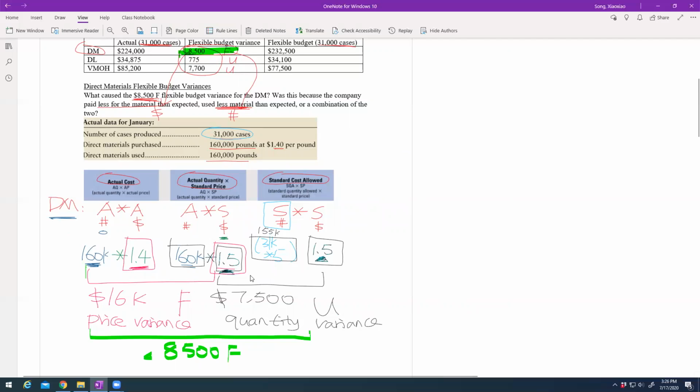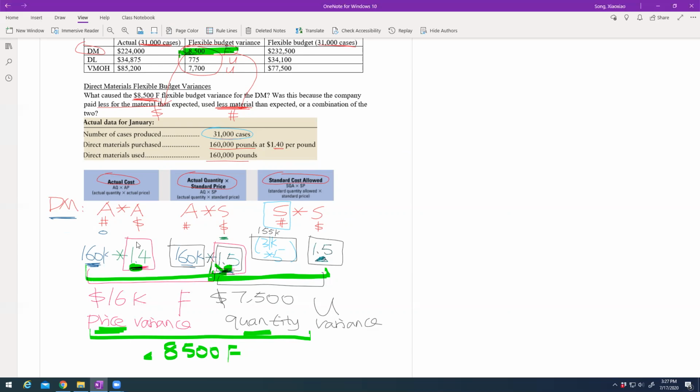One is only changing the price: if there is any variance, it is because of the price difference. The other part focuses on the quantity: if there is any variance, it's not because of the dollar, because they are both $1.5, it's because of a different quantity. So we break down this flexible budget variance into two detailed variances, and then we can make better stories for our results.